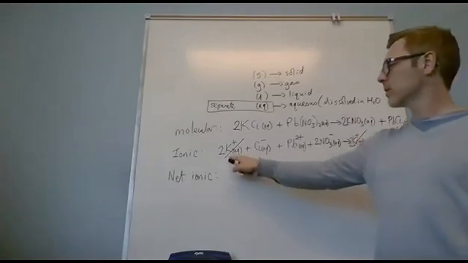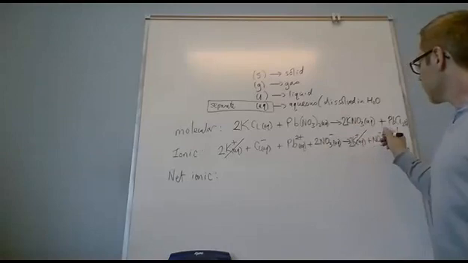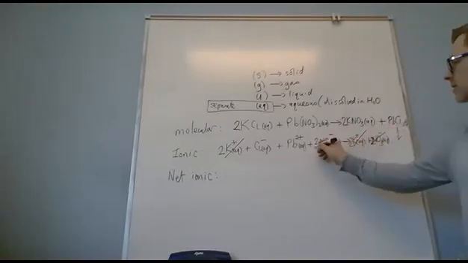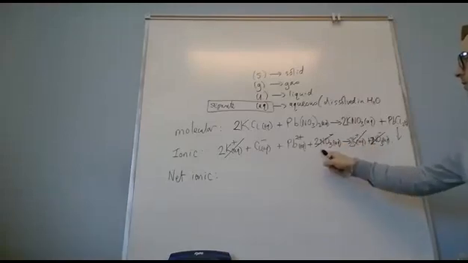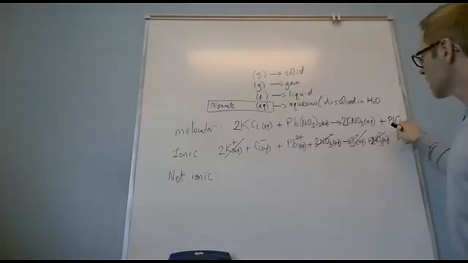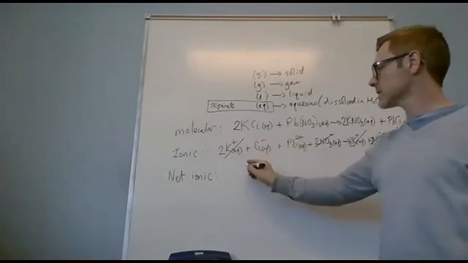So we cancel 2 potassiums, not just 1. Because of that 2, we now have 2 nitrates on each side of the arrow. So the only thing that won't cancel is the lead and the chloride, because it's trapped as a solid over here. You can't cancel over here, so you rewrite what's left.